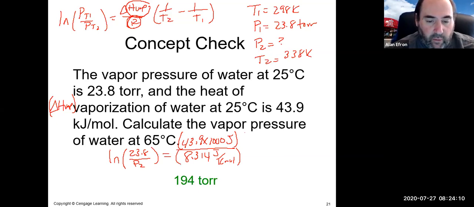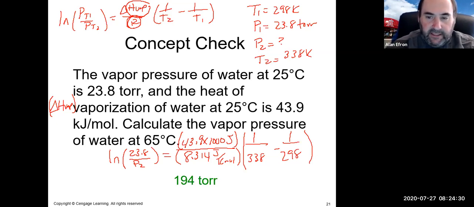Otherwise, you will be off by a factor of 1,000. You could also convert the joules to kilojoules and do it that way. All should come out the same. Then 1 over T2, which is 338, minus 1 over T1, which is 298.